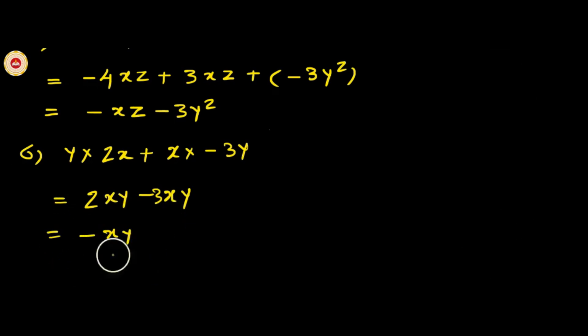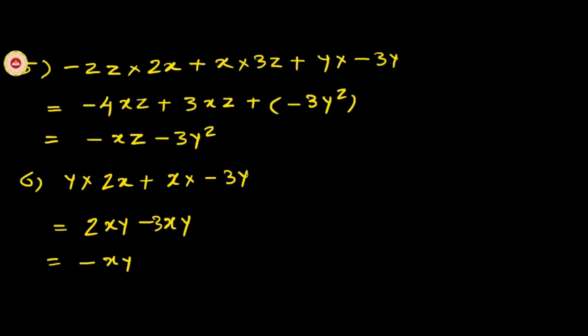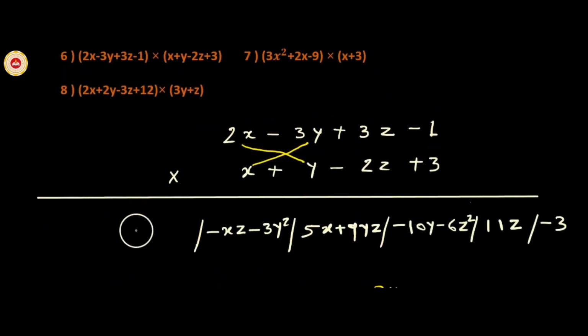So minus xy is the answer of the 6th step and should be written in the 6th part. Draw a slash. So 1, 2, 3, 4, 5, 6.